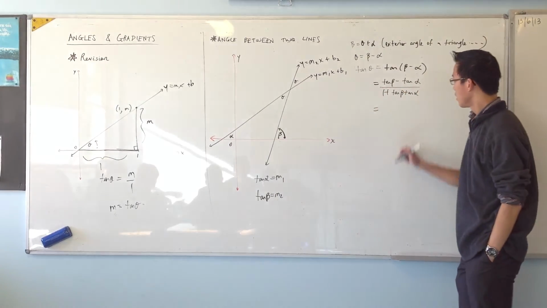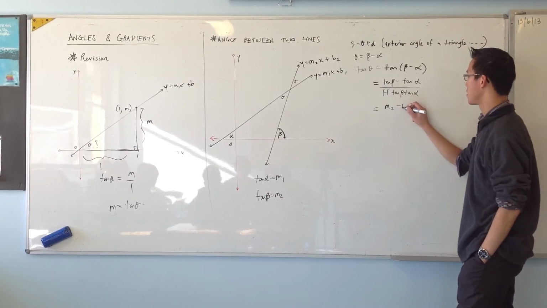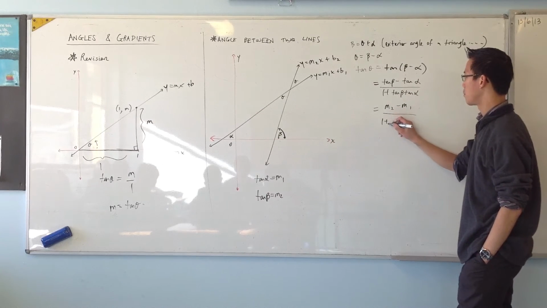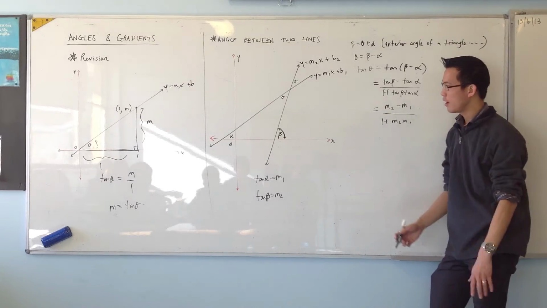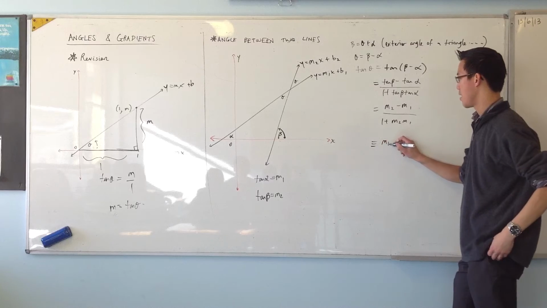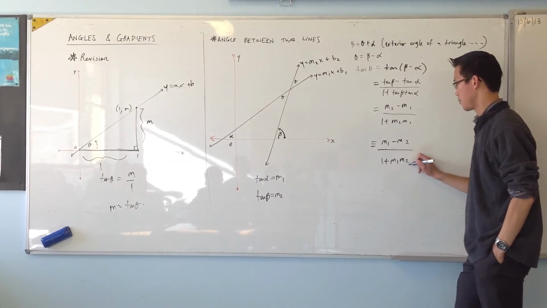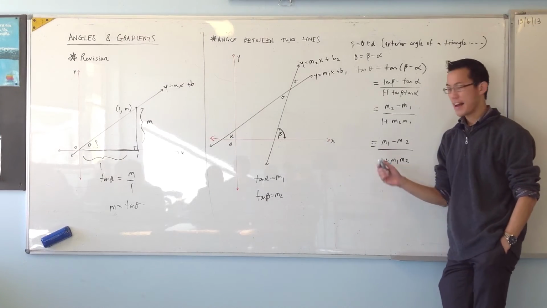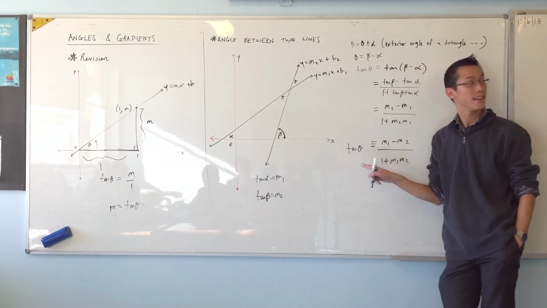So if I do a substitution, what I've got is m2 minus m1 over 1 plus m2 m1. Or, if I swap this around, I would write it as m1 minus m2 over 1 plus m1 m2. Now, that's the result: tan theta, the angle between the two lines.